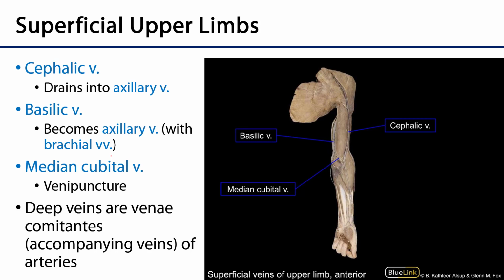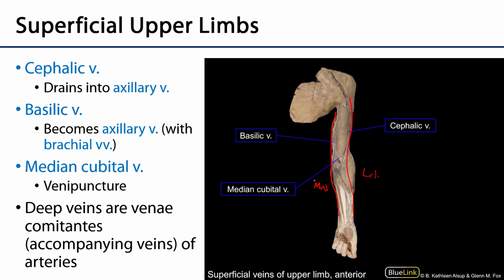What we can see here is a very long cephalic vein running along the lateral aspect of the upper limb, and a very long basilic vein traveling along the medial aspect of the upper limb.